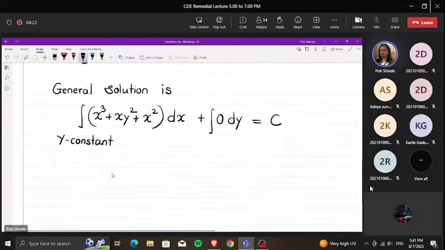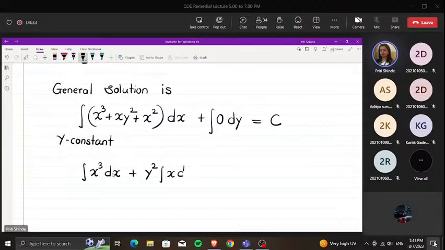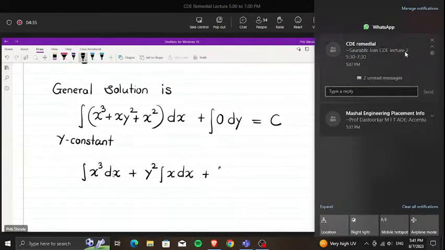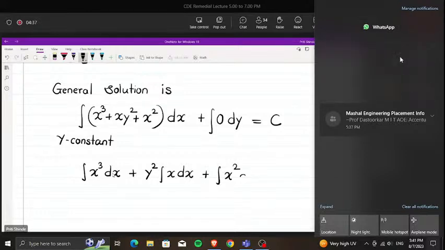So integration of the first term, you can write down separately: integration of x cube dx, y square is a constant, plus integration of x dx, plus integration of x square dx with respect to x, y is a constant.